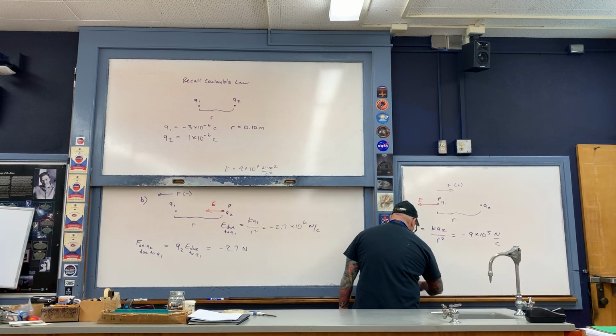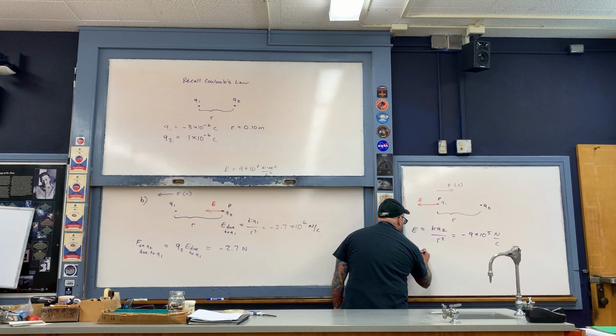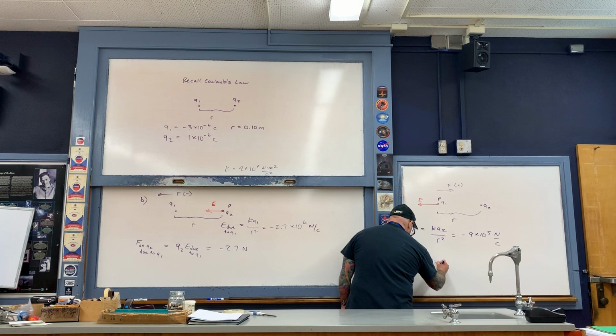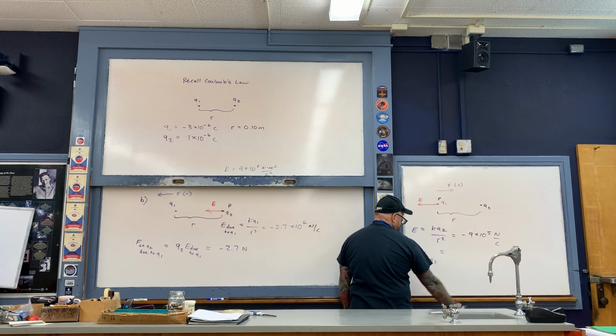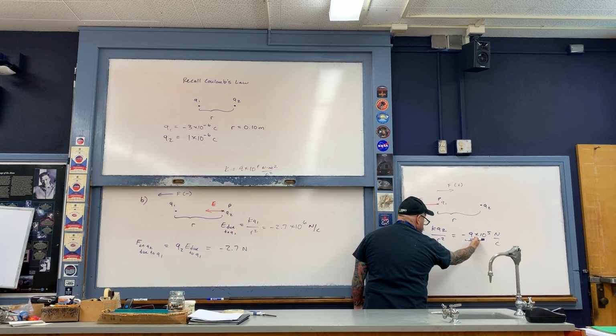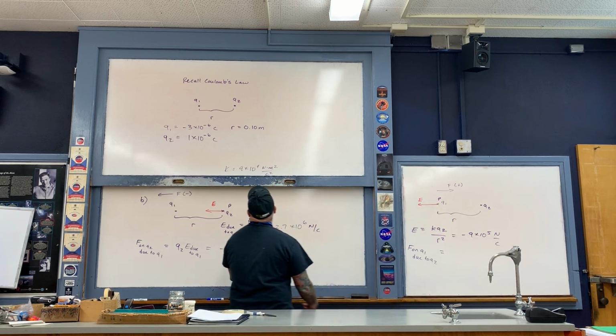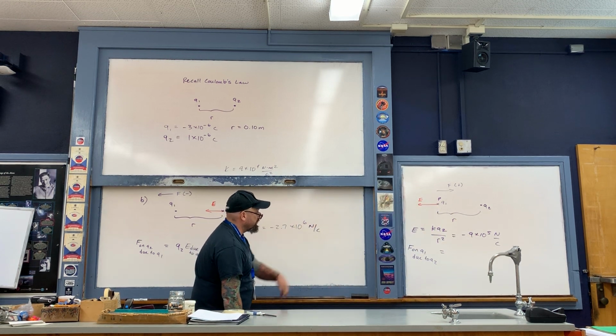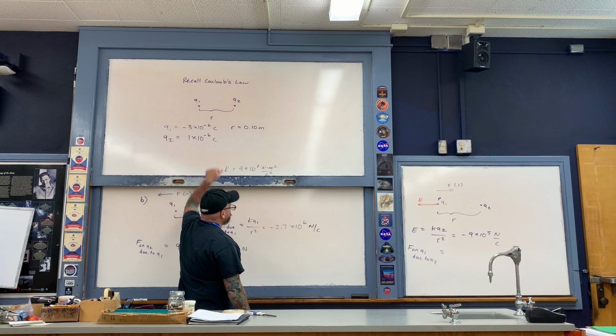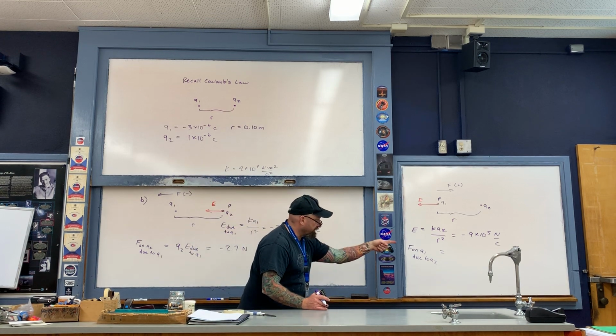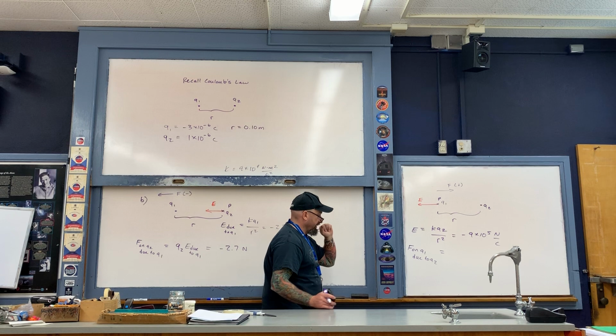So now what I do is I find the force on Q1 due to Q2, and that's going to equal this number here. We'll make it positive, however, and then we'll multiply it by our Q1. Actually, no, I don't even have to make it positive. The negative sign there will cancel with the negative sign for Q1, and that's going to be a positive number to the right-hand side.